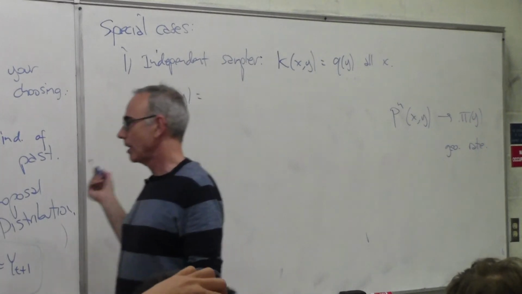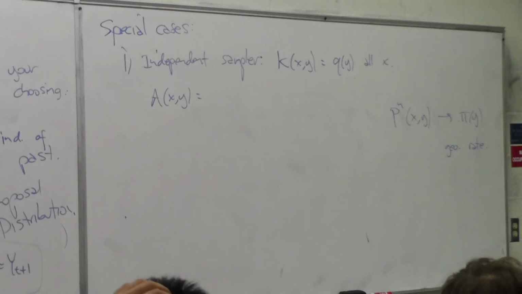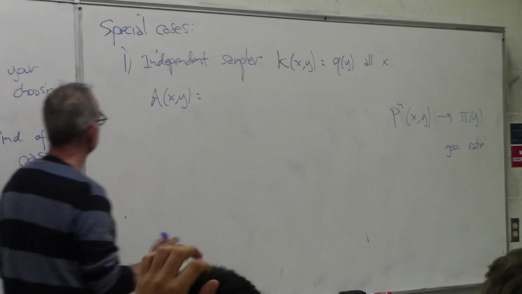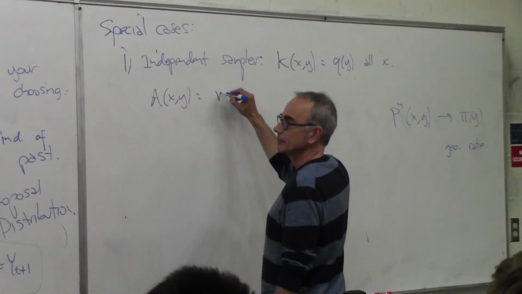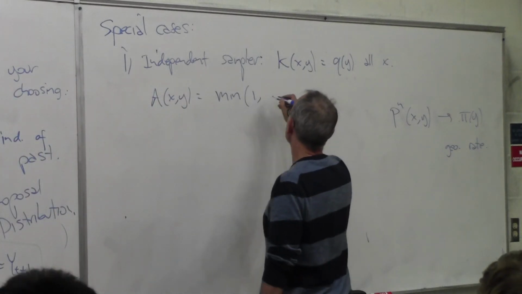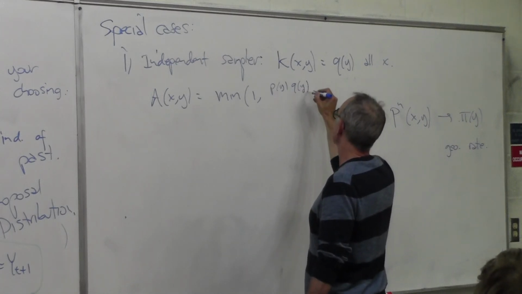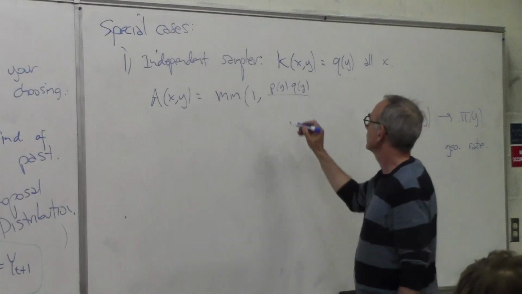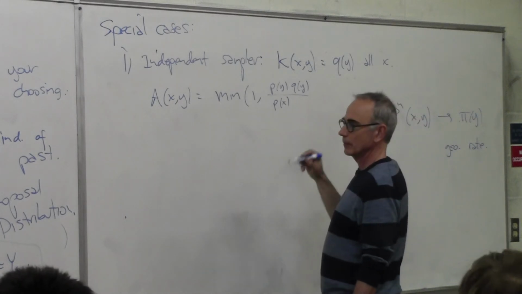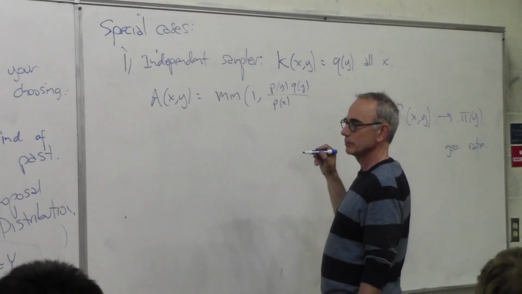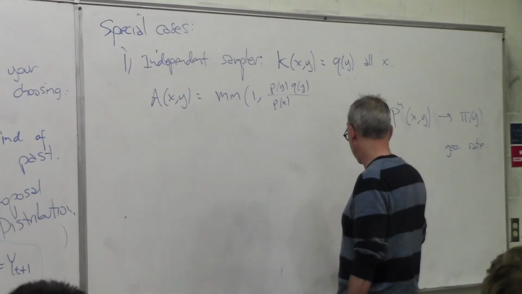So the probability of accepting, this will just be P of y over Q of y, right? I mean, x.